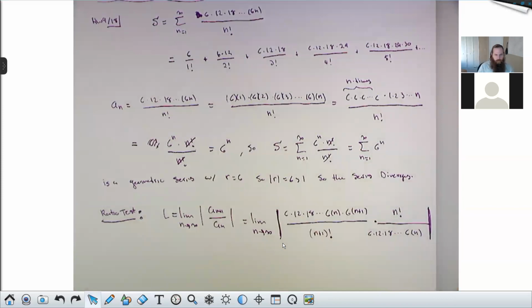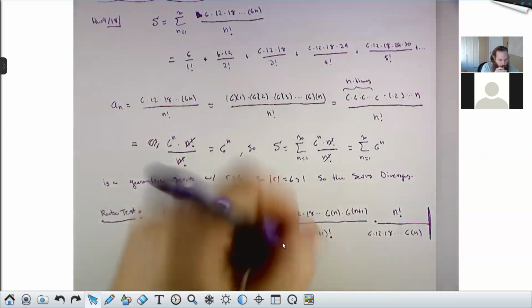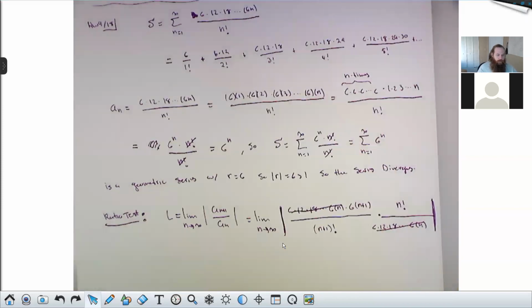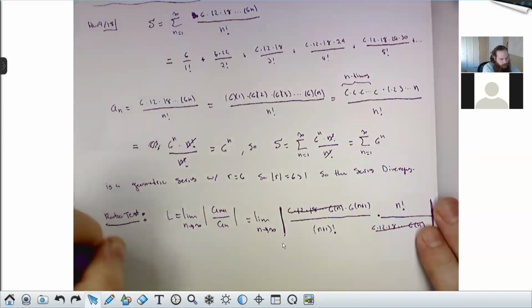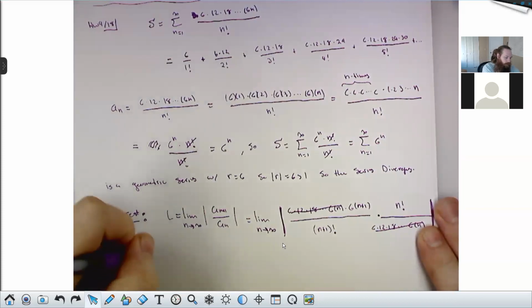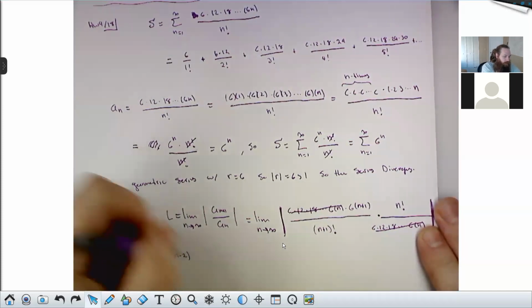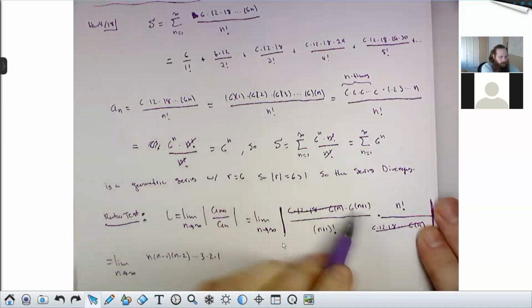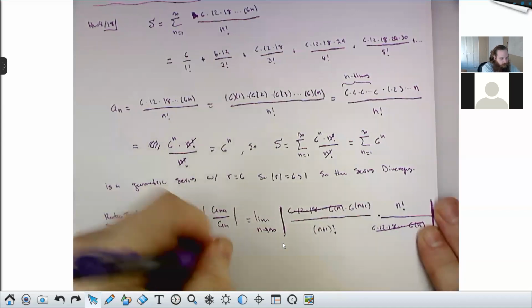Having written the product carefully in this way, the cancellation is pretty obvious. And I get the limit as n goes to infinity. n factorial is n times n minus 1 times n minus 2 all the way down to 3 times 2 times 1. I still have my 6 times n plus 1 upstairs.